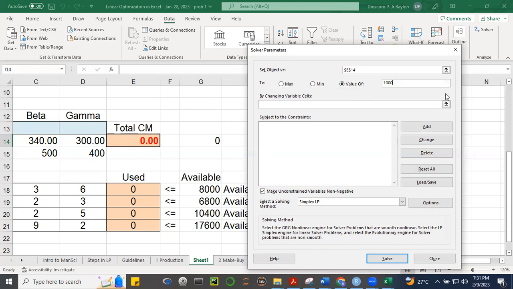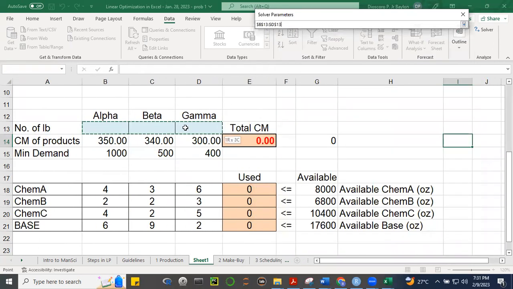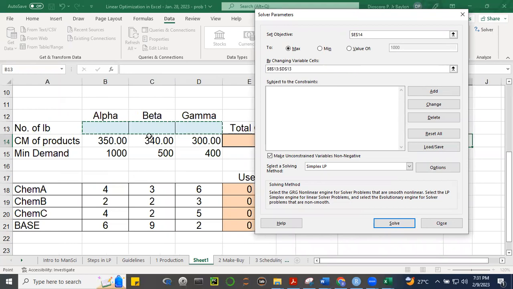So you can maximize, you can minimize, or obtain a solution where you have a specific value of your objective function in mind. Then the changing variable cells will be your decision variables. This one. So you can see the advantage of putting it in a color-coded format.